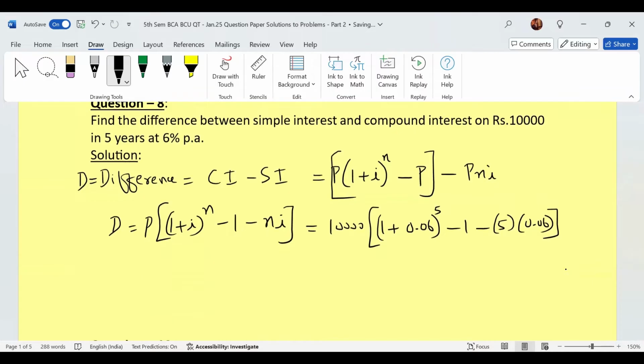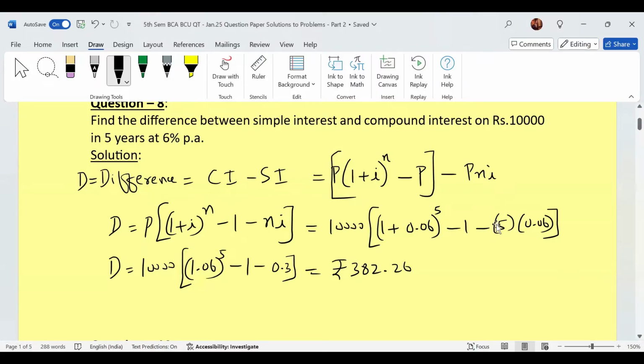That means our difference will be now 10,000 times 1.06 to the power of 5 minus 1 minus 5 into 0.06, which becomes 0.3. So if we evaluate this together, we will get rupees 382.26. That will be the solution for this particular question.